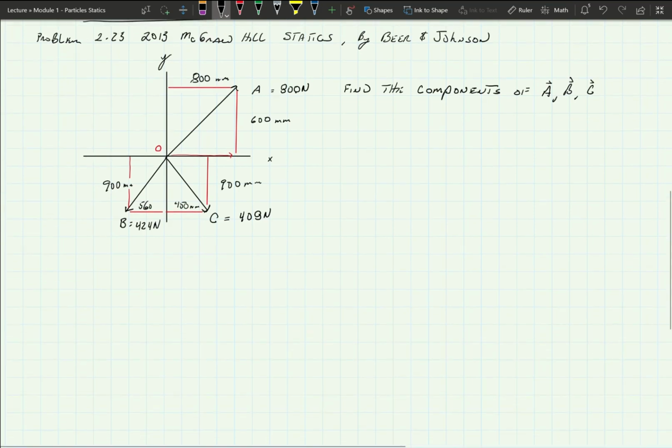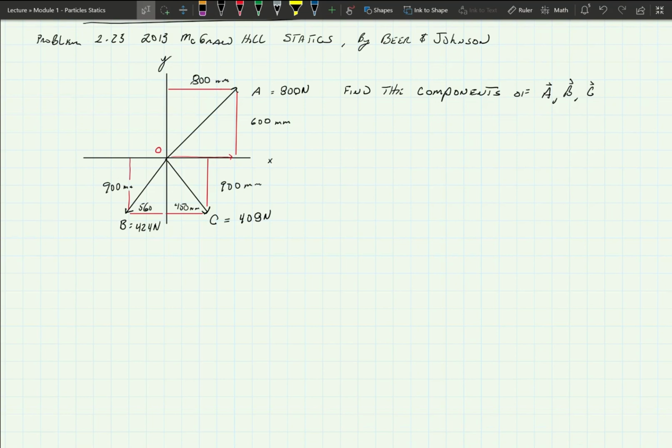Okay, alright, so now let's do some basic stuff. We know that OA is the hypotenuse or the vector of A, and we're looking for the components x and y.